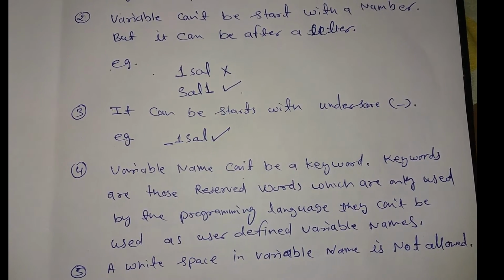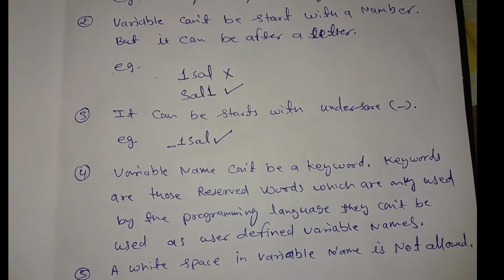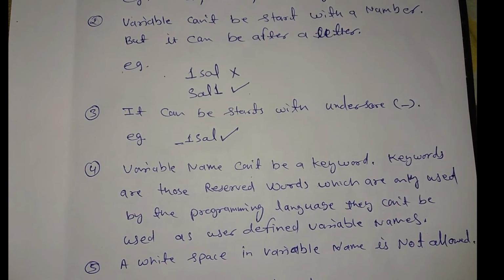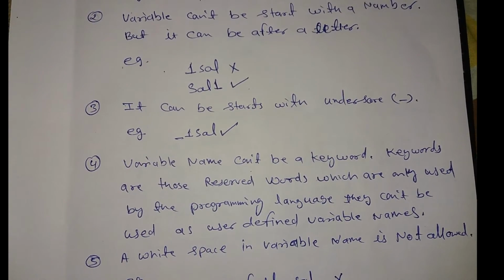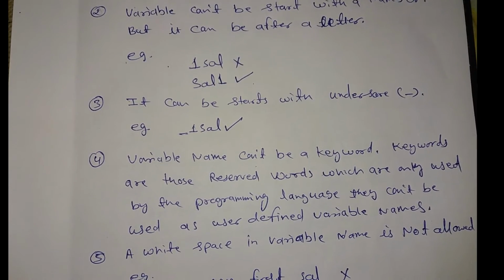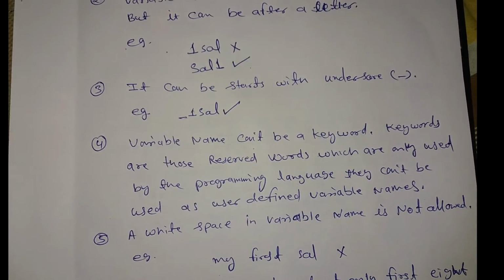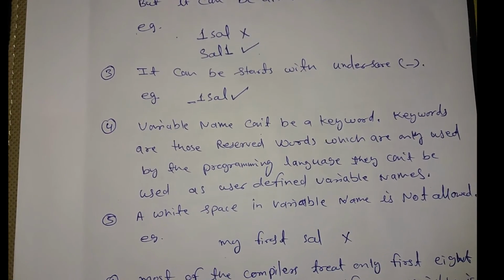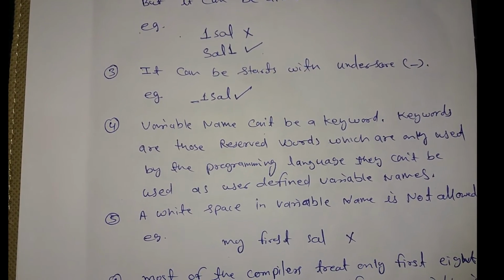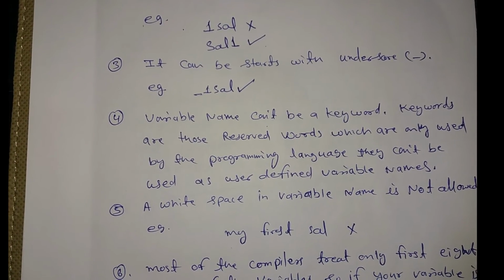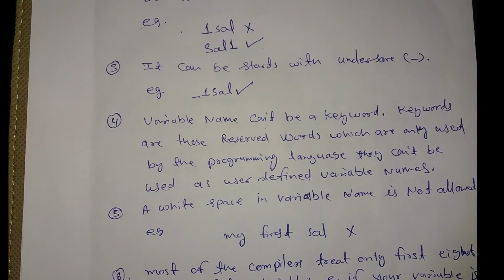So be aware while naming the variables that you cannot use the keywords which are used by the languages. A white space in a variable name is not allowed. For example, you cannot write variable names like my first salary, with spaces. So that is not a valid variable name.